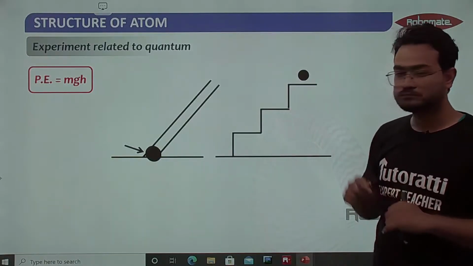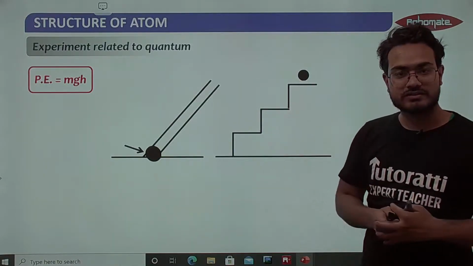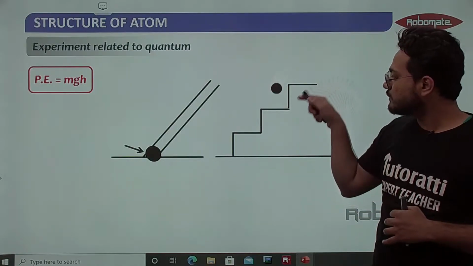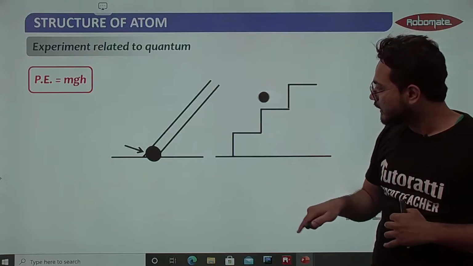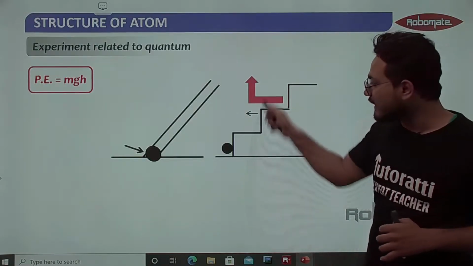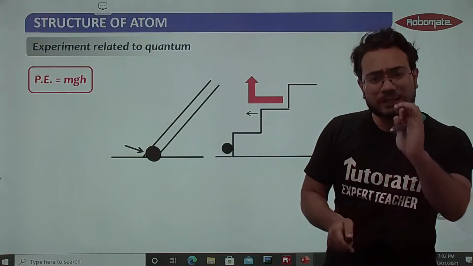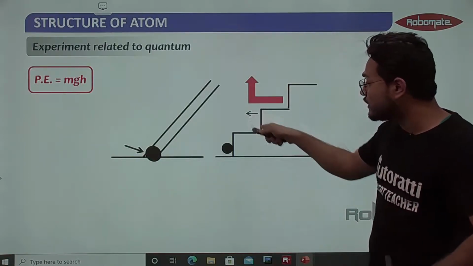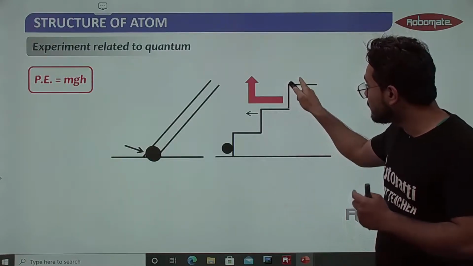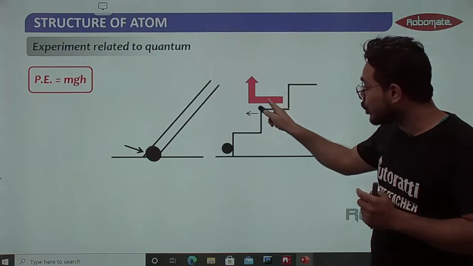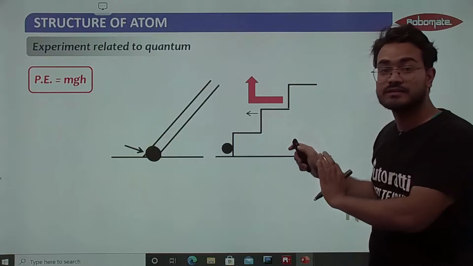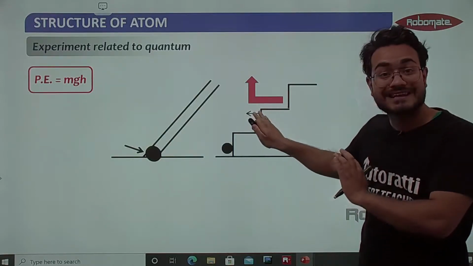Now assume the ball on the stairs. It is dropping, again dropping, and again dropping. At this vertical point, can you calculate the potential energy when the ball is dropping? When the ball is dropping from here to here, you cannot calculate the potential energy because the ball is not stable there.